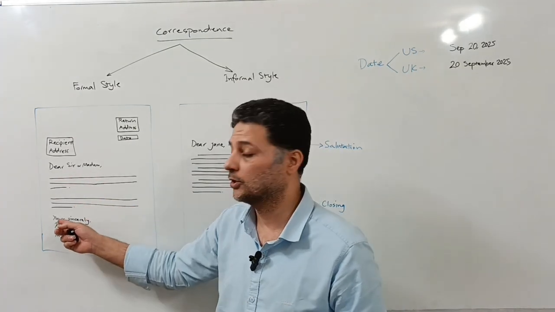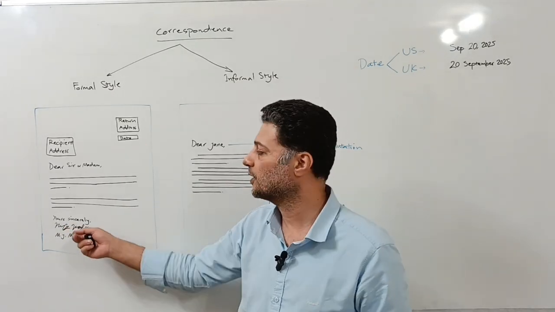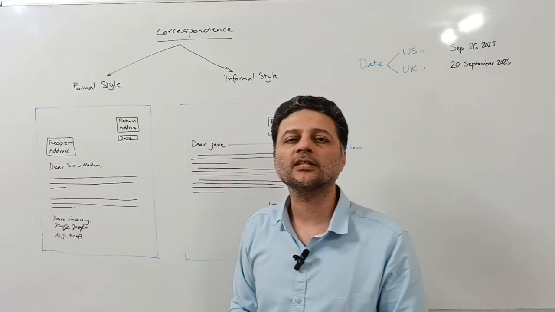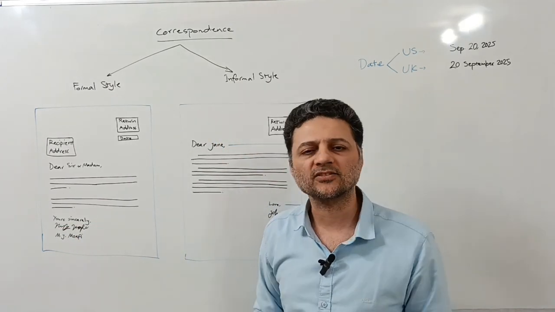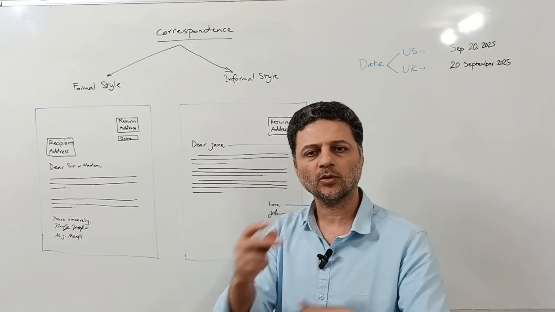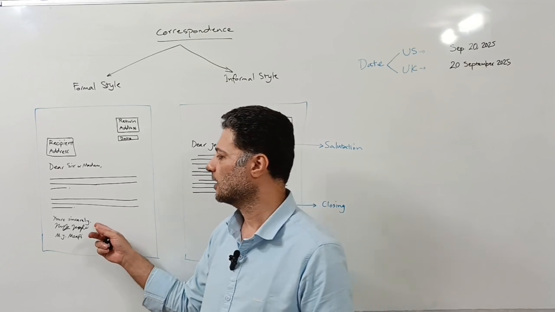Okay, so you could close your formal style letter with yours faithfully in British English. But in America, yours sincerely, or truly, or best regards, or best wishes, or with warmest regards. These are all the possibilities you could end your letter with.